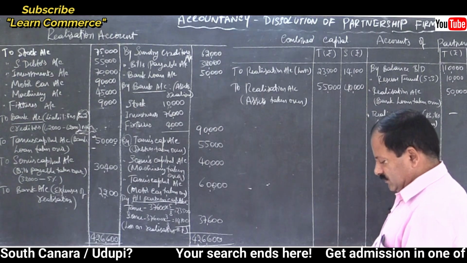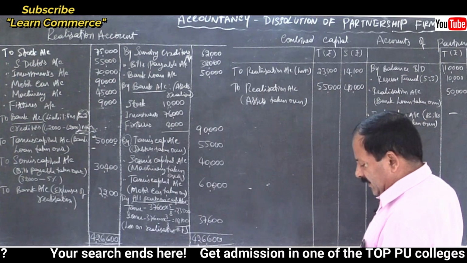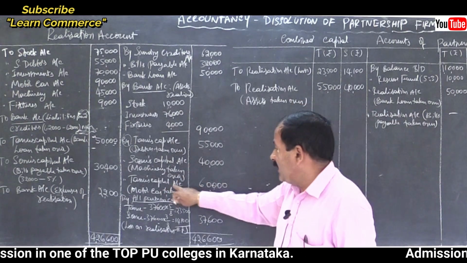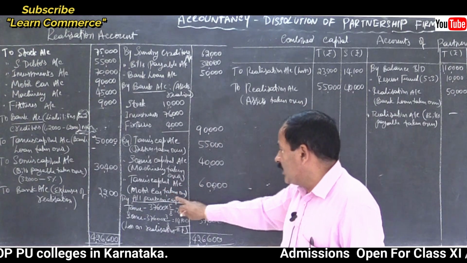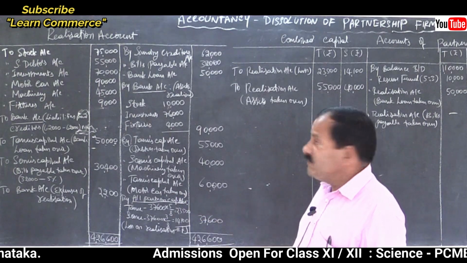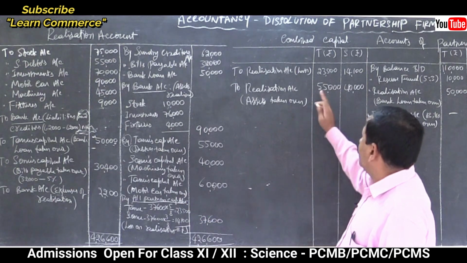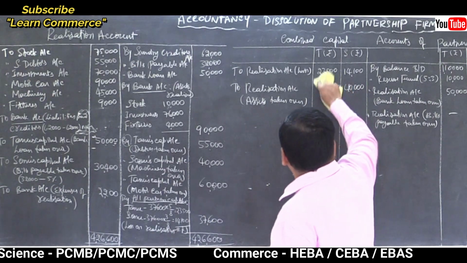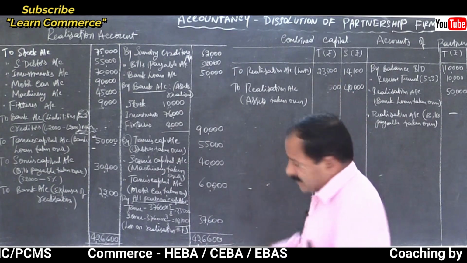Yes. One more asset is there. You can add it together with this. Tanu's capital account, one more asset is there, that is motor car taken over 60,000, right? So why don't we write it here itself? Let us change this figure and add together, and we will write the total amount.